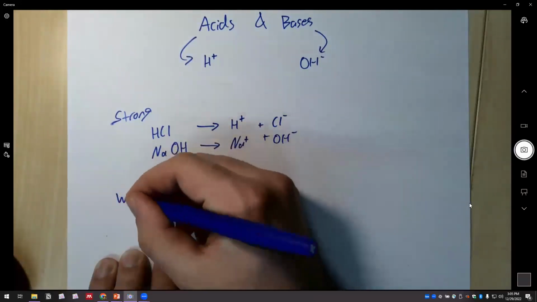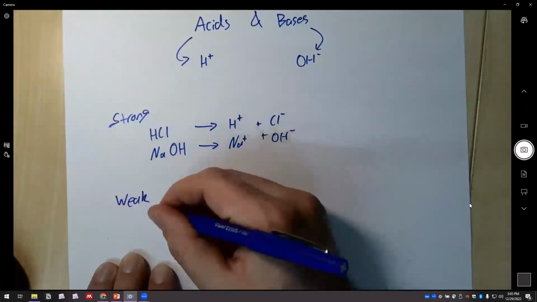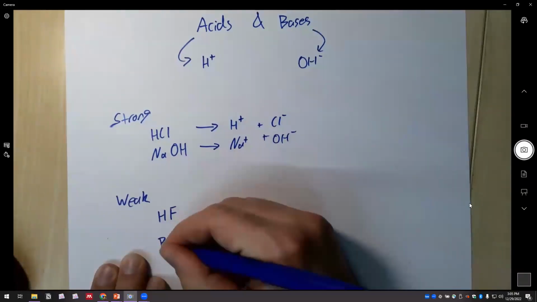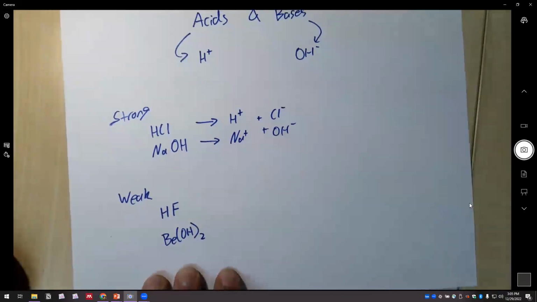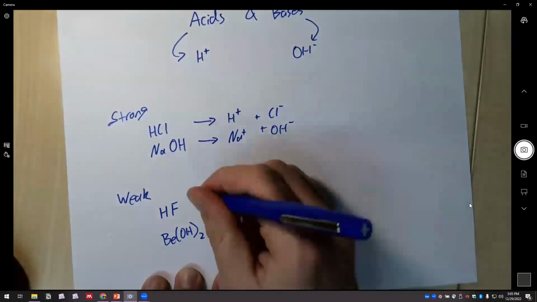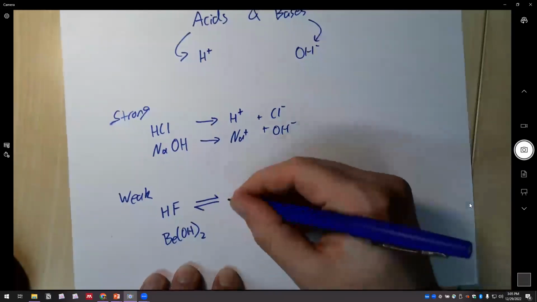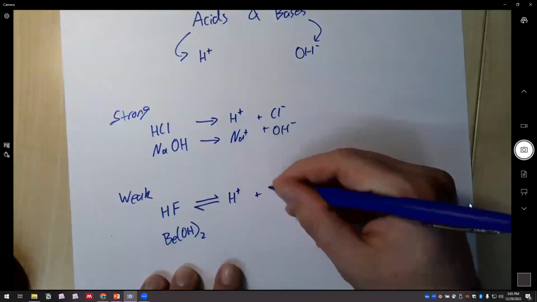This is in contrast to weak acids, weak bases. Examples of these would be maybe hydrofluoric acid or beryllium hydroxide. And here you do not get complete dissociation. You have the acid in equilibrium with its conjugate base and H plus.